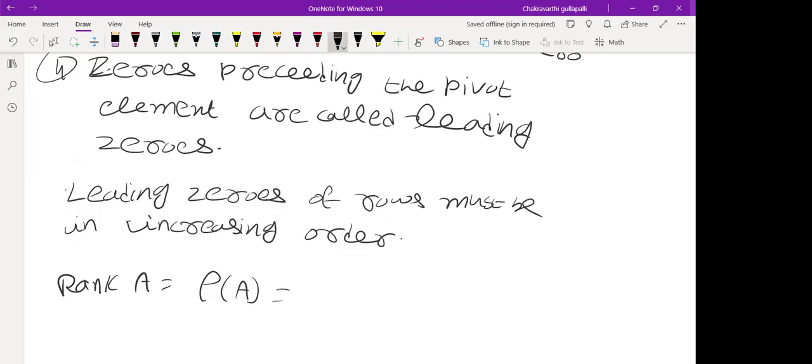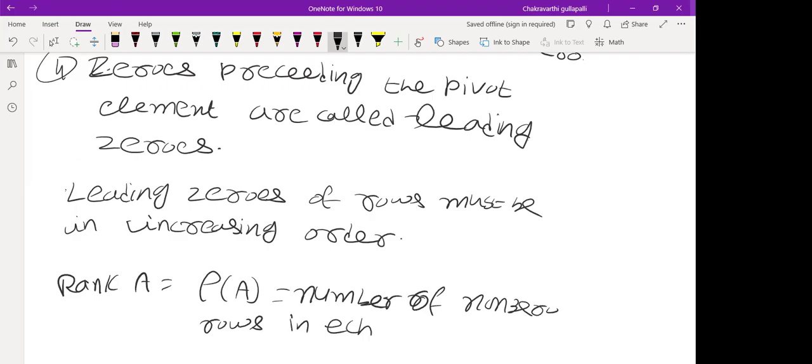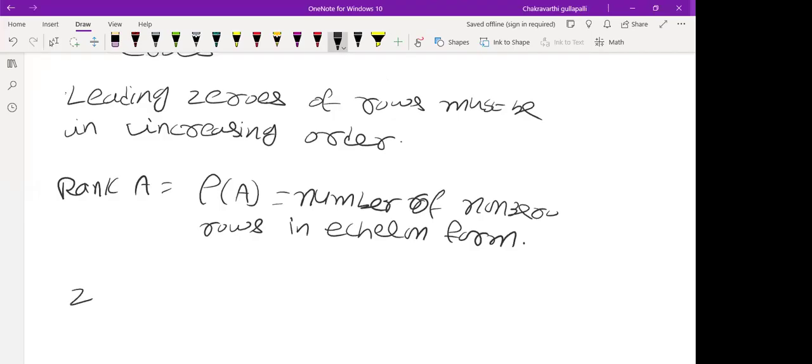What is a non-zero row? The number of non-zero rows in the echelon form is what is called the rank of the matrix. What is meant by a non-zero row? What is meant by a zero row?